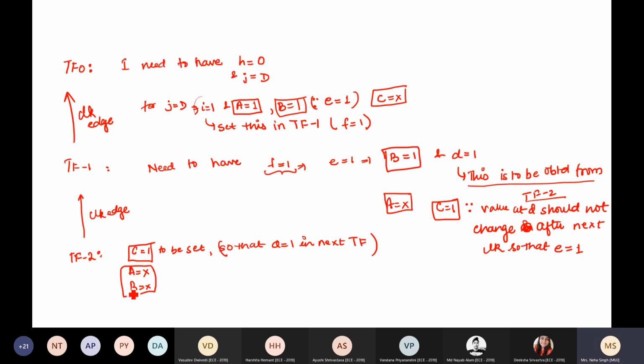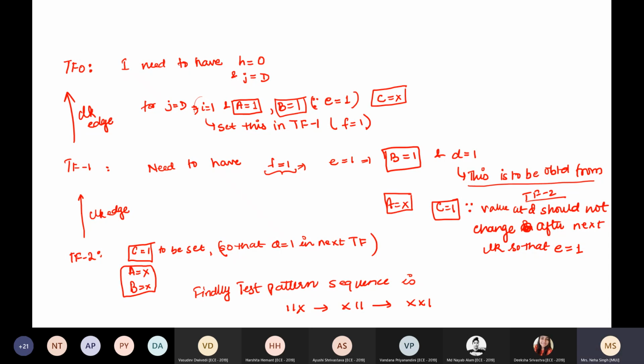At the same time, A and B should be don't care. Right? So the last statement is finally the test pattern sequence is 11x followed by x11 followed by xx. Okay? Here we stop. Fine.